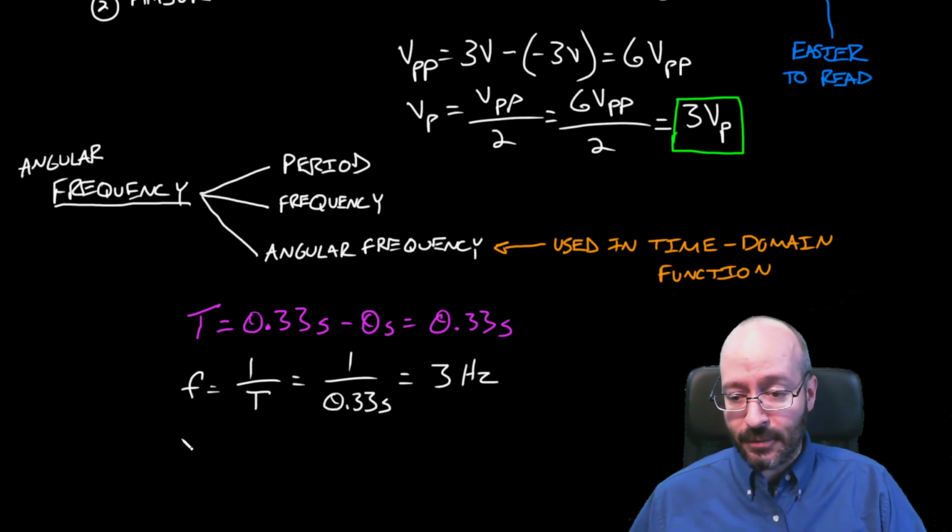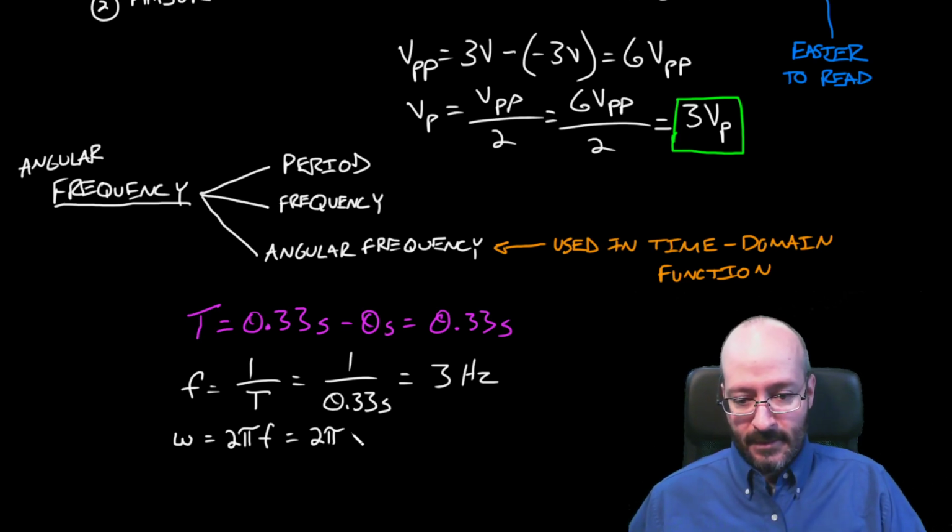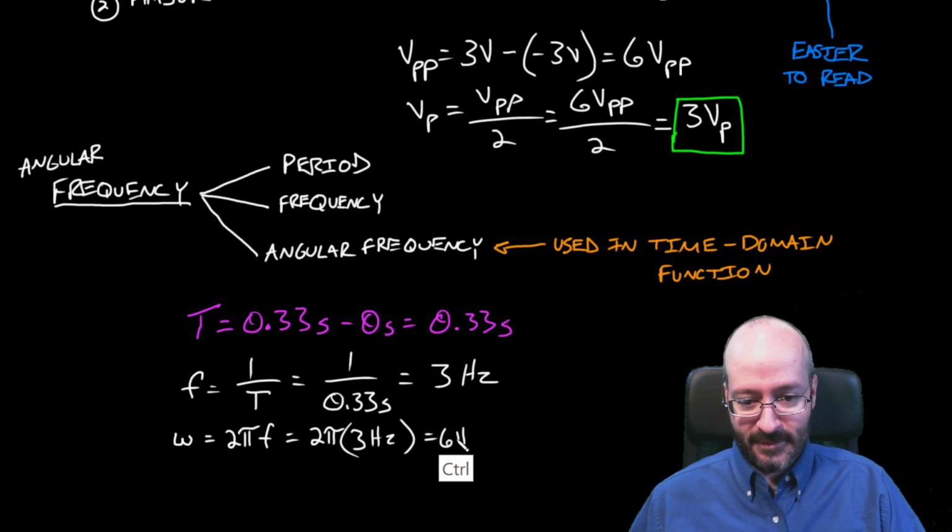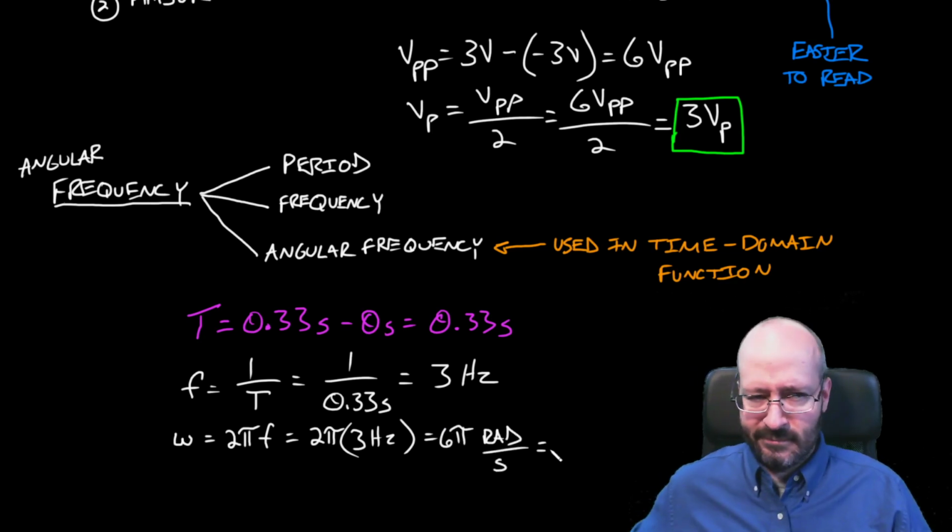We want angular frequency, which is lowercase omega, and one cycle has 2 pi radians. So we're going to multiply by 2 pi. Okay, so 2 pi times 3 hertz is going to give us, well, 6 pi radians per second.